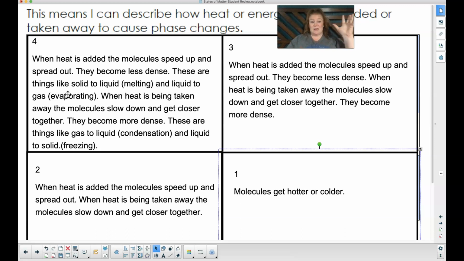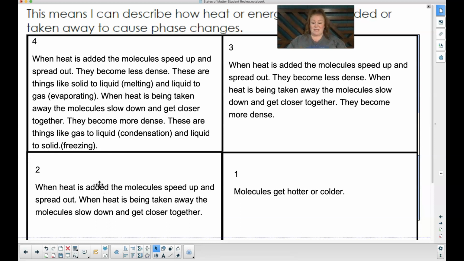When heat is being taken away, the molecules are slowing down and getting closer together. They become more dense. Then I'm adding this extra sentence in with that scientific vocabulary, those phase changes. These are things like gas to liquid, which is condensation, and liquid to solid, which is freezing. So I just added each of those in there.